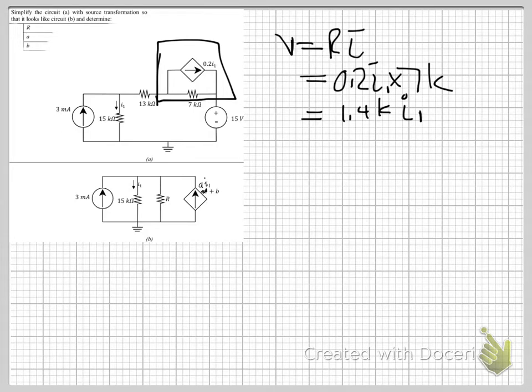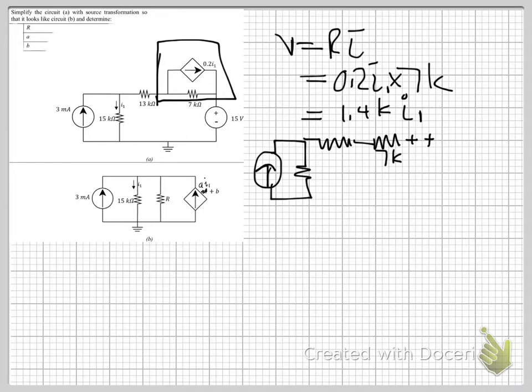Right, so then this transforms the circuit into this diagram here. There's your 7K and your source.